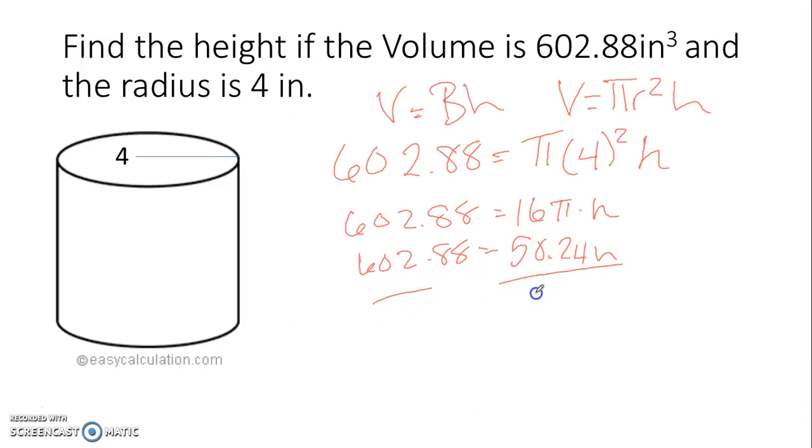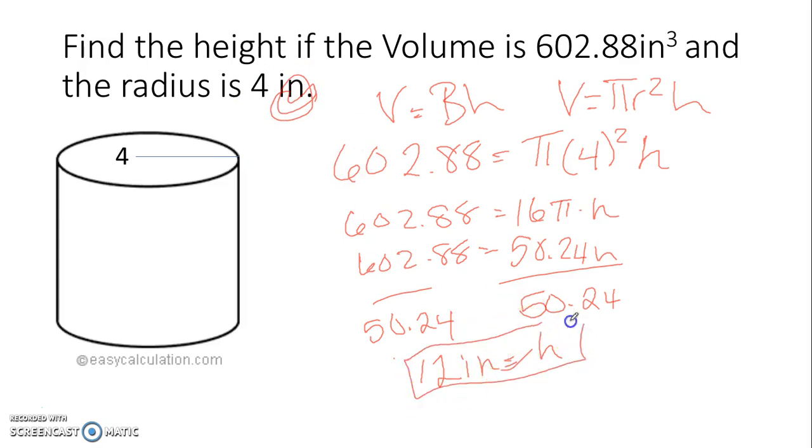Now we are dividing by 50.24. So that's going to leave us with h, so I need to plug in 602.88 divided by 50.24, which is equal to 12. So your height for this one is 12, and our unit up here would be inches. So 12 inches is our height.